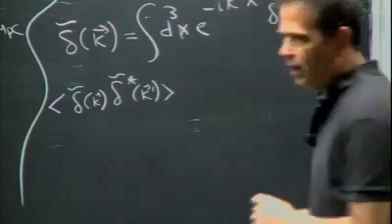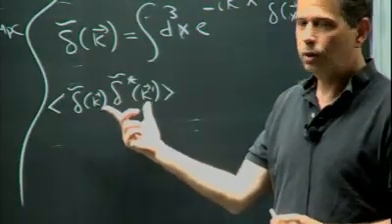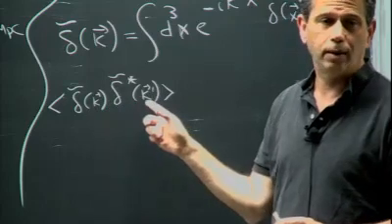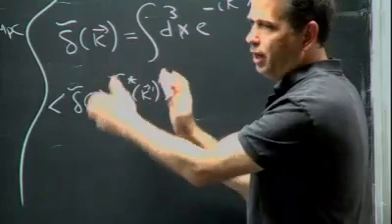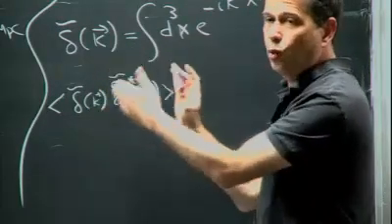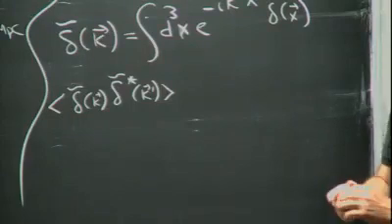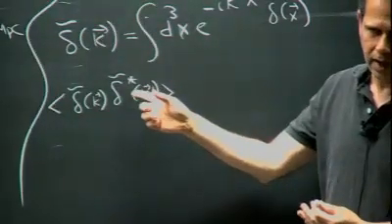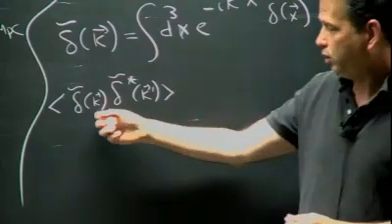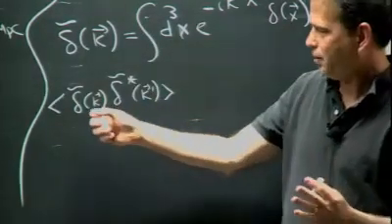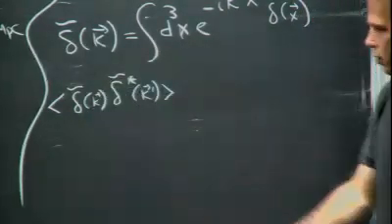Just jumping ahead, what we're going to see is that the only time this is non-zero is when k is equal to k prime. And that means that what this is really a measure of is the amplitude squared of these Fourier transform amplitudes. And that's why I put in the complex conjugate. If I didn't do that, it wouldn't be the amplitude squared, so it wouldn't be so physical. It would still make perfect sense mathematically. So anyway, let's just do it like this for simplicity.